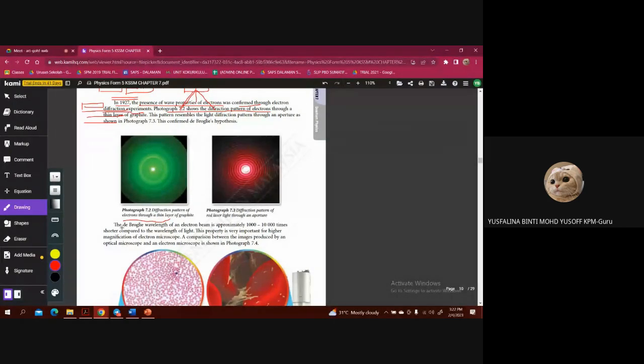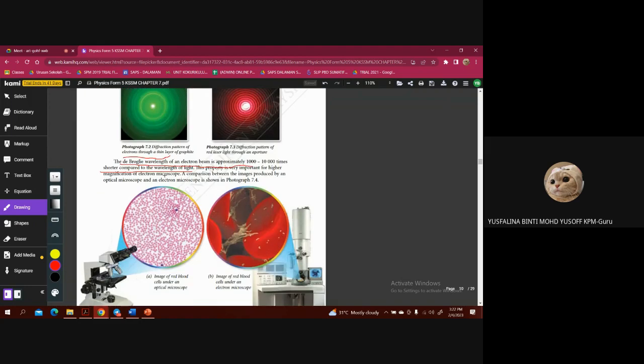So the de Broglie wavelength of an electron beam is approximately 1,000 to 10,000 times shorter compared to the wavelength of light. It's very short if you compare to the wavelength of light.